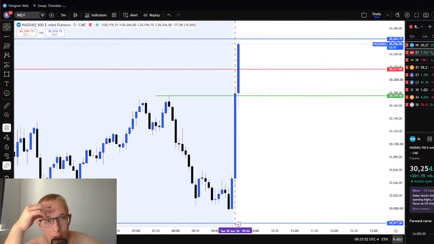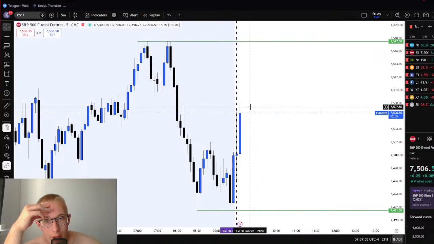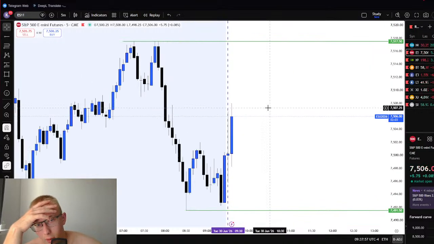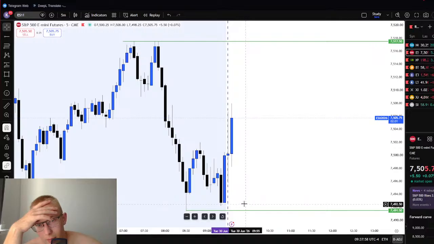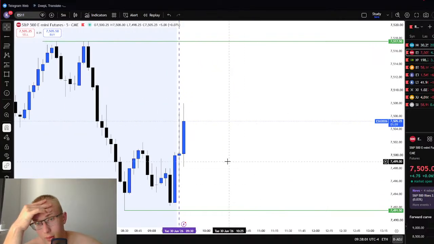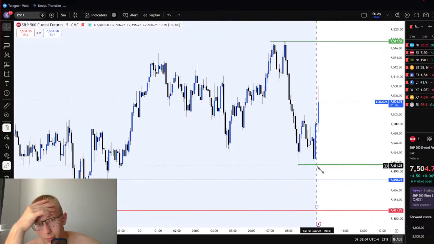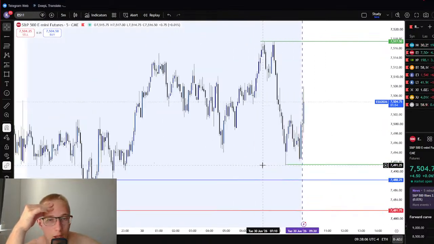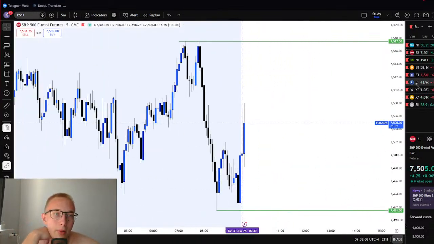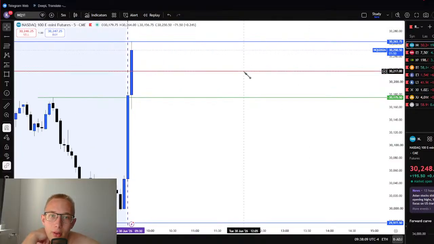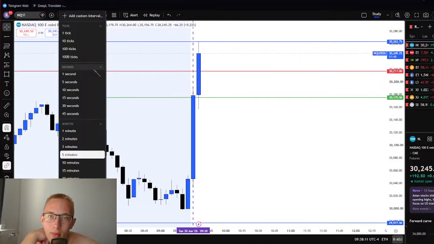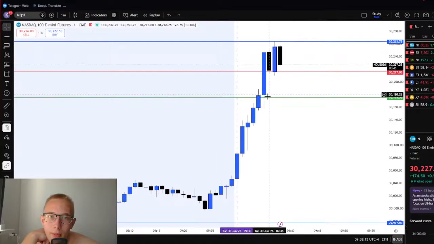But I could potentially consider that we'll dump a little bit, break the structure on the 5 minute, and retrace, and maybe I'll take shorts today, but maybe not. It's generally looking like shorts.